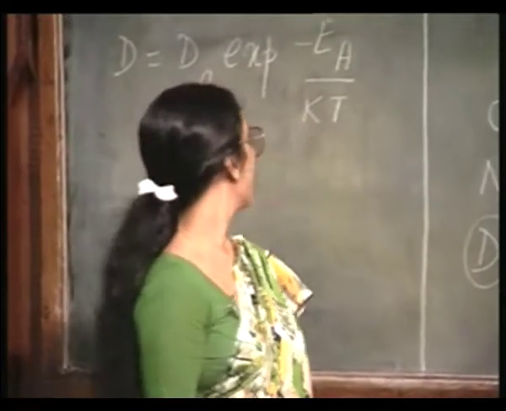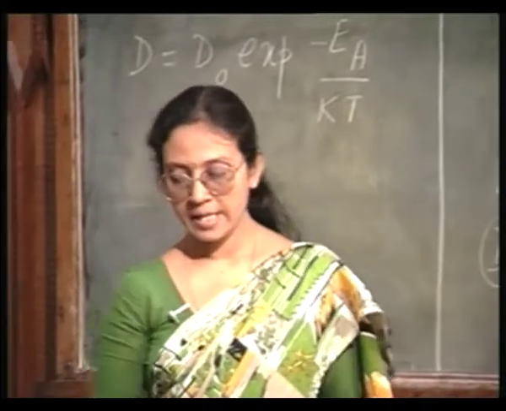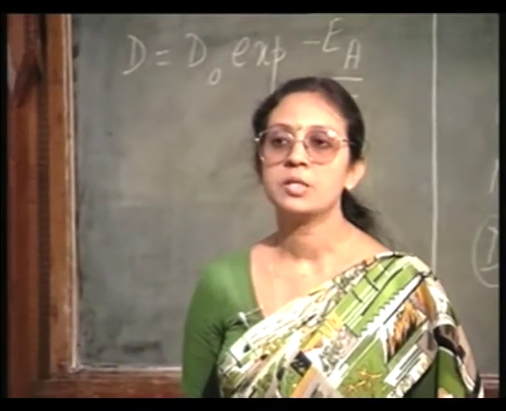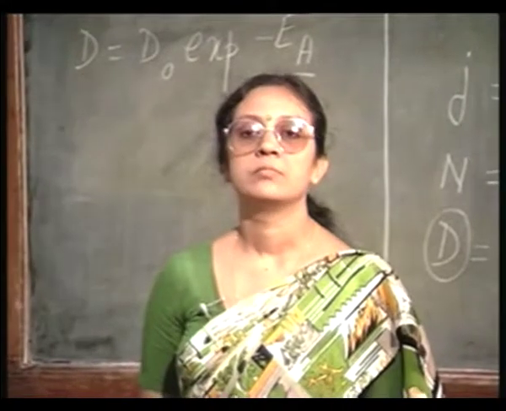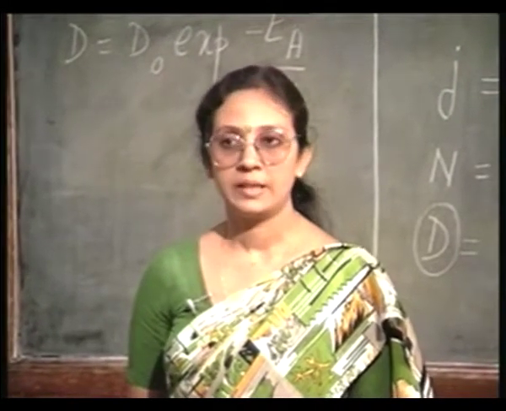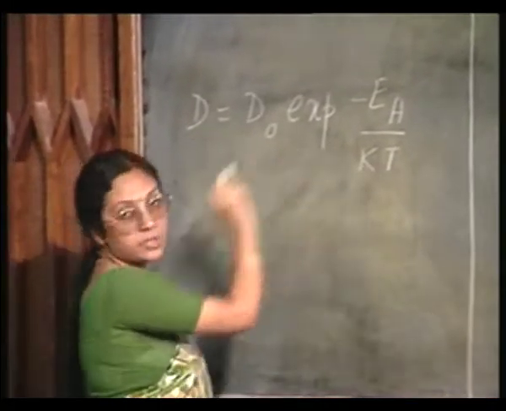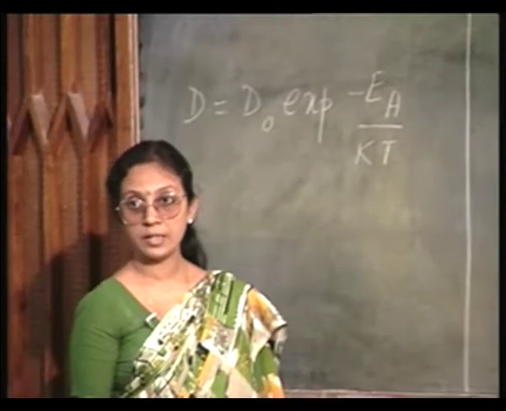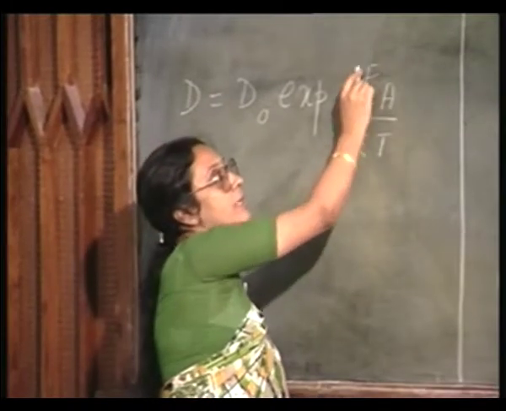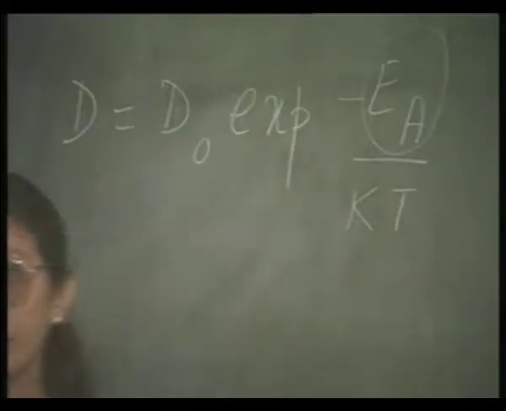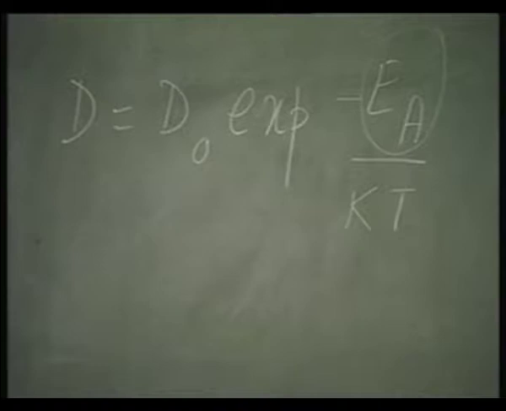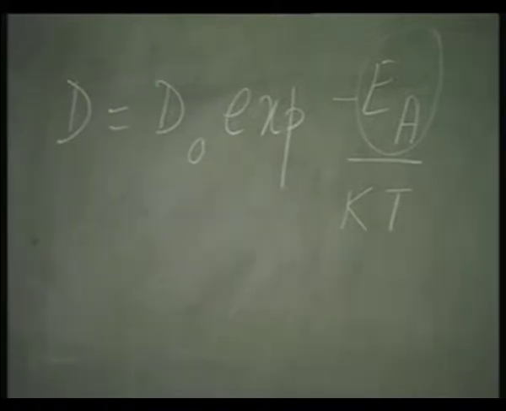Now, if I plot D versus 1 by T in a log scale, then from the slope I can find what is EA, E suffix A, that is the activation energy.